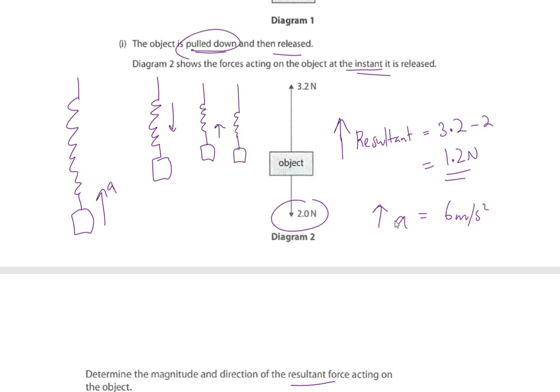So what does this tell us? This tells us that acceleration is going down until it reaches 0, because you pull it, you let it go, it goes up, and then starts swinging a little bit, less swing, less swing, until it goes to 0.